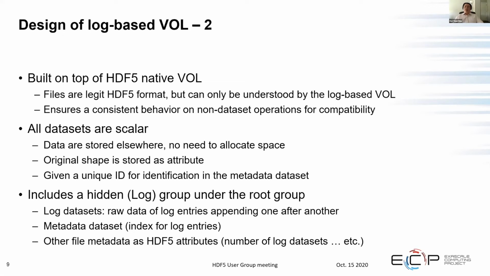The log dataset and the metadata dataset are placed in a hidden group right under the root group. And we also place other metadata required for internal use by the VLL in the log group.